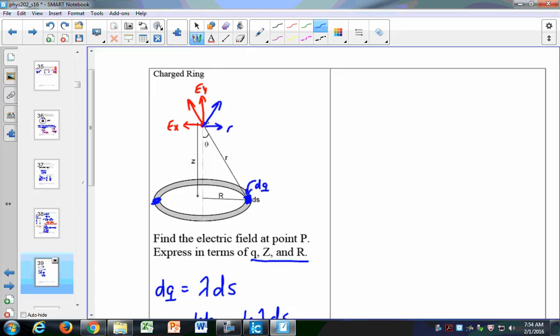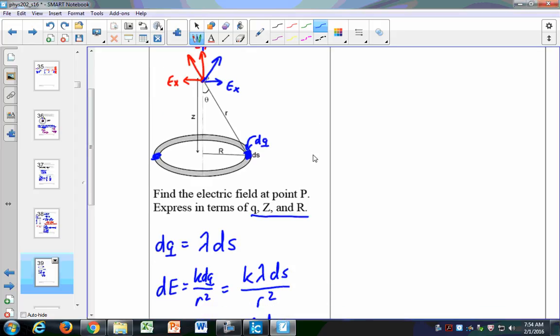It has an x component, it has a y component, Ey. So my net electric field is going to be in which direction? The x, the y, or somewhere in between? It'll be only in the y direction, because all those x components are going to cancel out. As you integrate around that ring, that Ex will cancel out in every direction. So Ex cancels, and the only thing remaining is the electric field in the y direction.